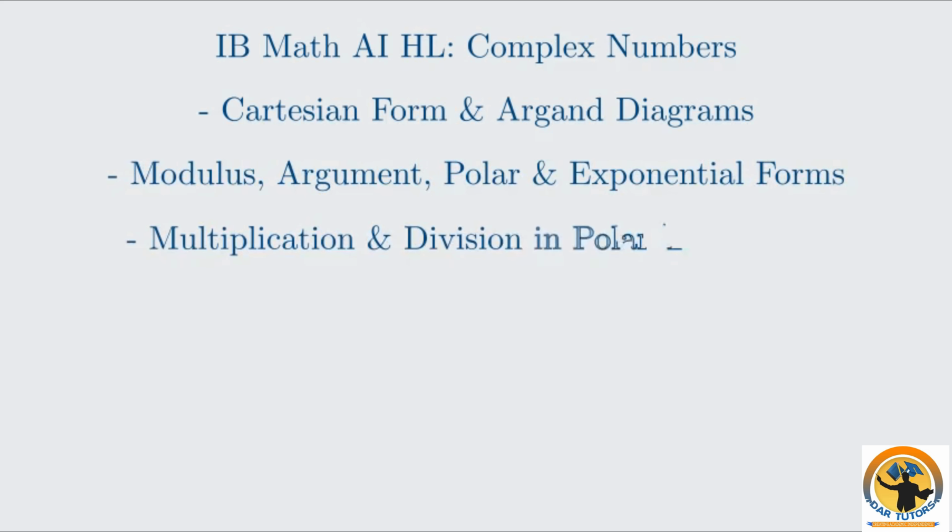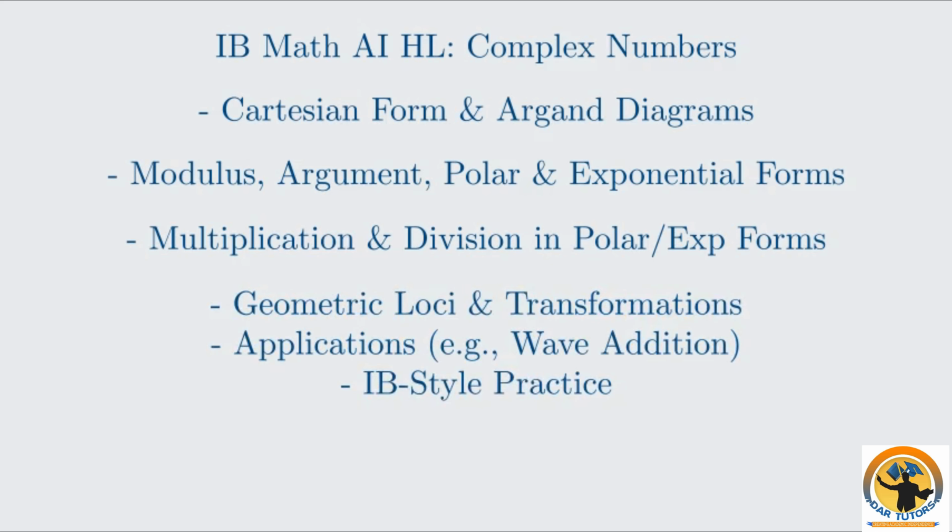We explored the powerful properties of these forms for multiplication and division, seeing how they simplify these operations into simple scaling and rotation. Finally, we applied these concepts to understand transformations, analyze geometric loci, and even model wave phenomena, solving 5 IB-style practice questions along the way.